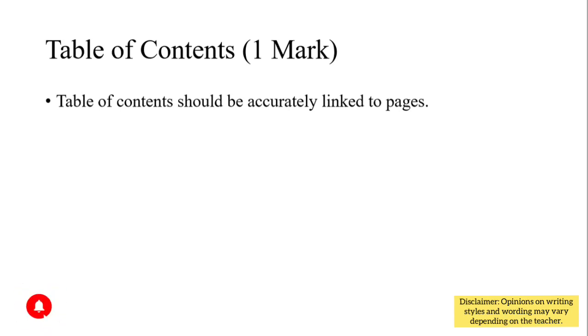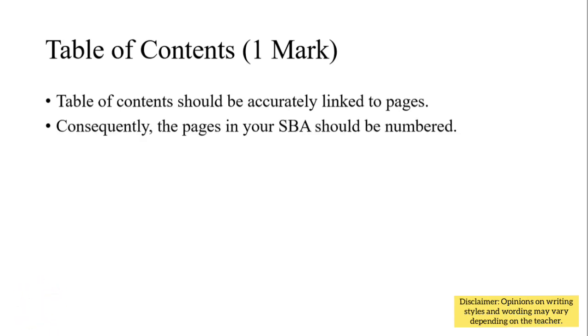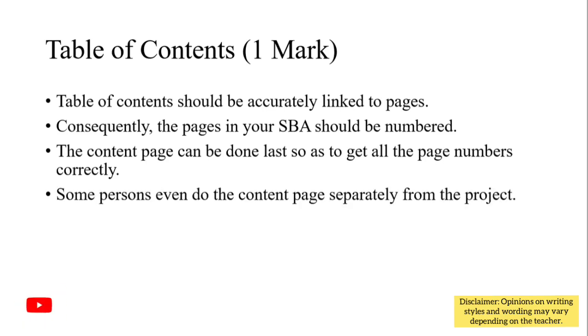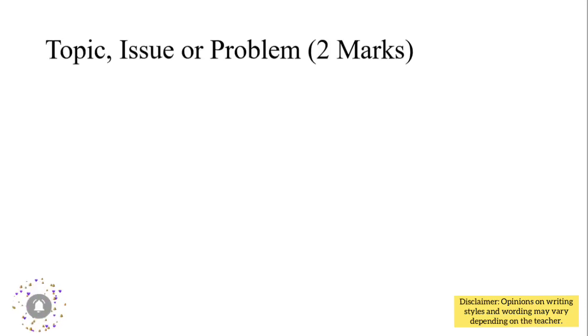So it goes without saying that the pages in your SBA should be numbered, or else your table of contents won't work, and you won't get that 1 mark. The contents page can be done last, so as to get all the page numbers correctly. Some persons even do the contents page separately from the project. So that's 1 mark.